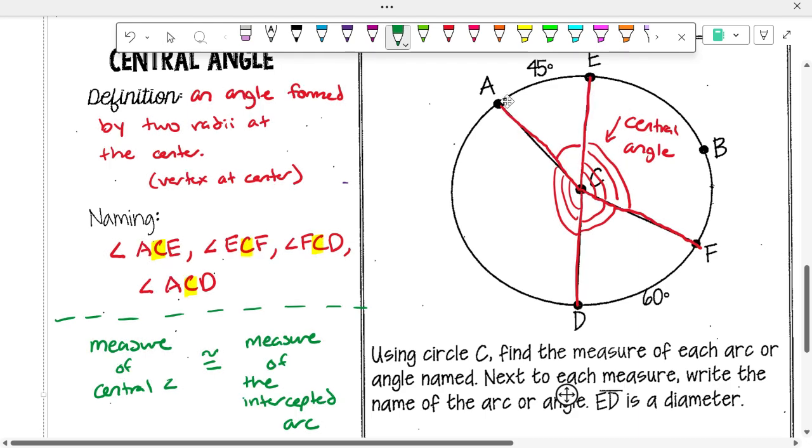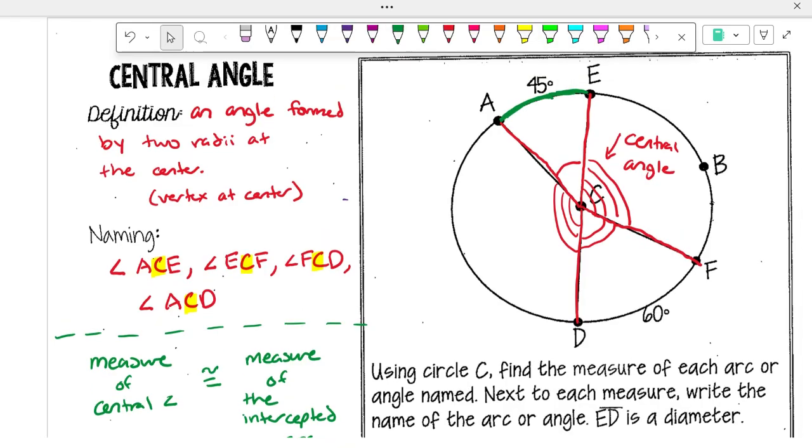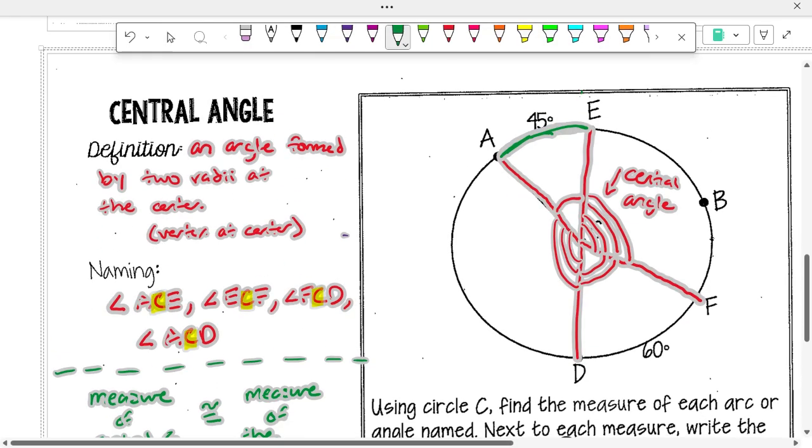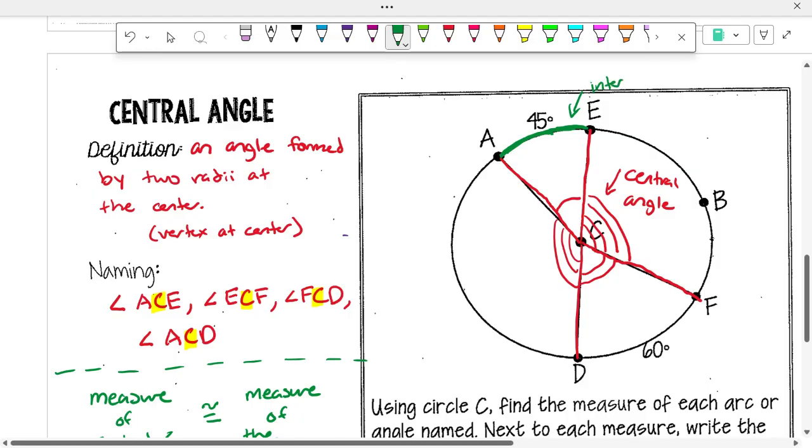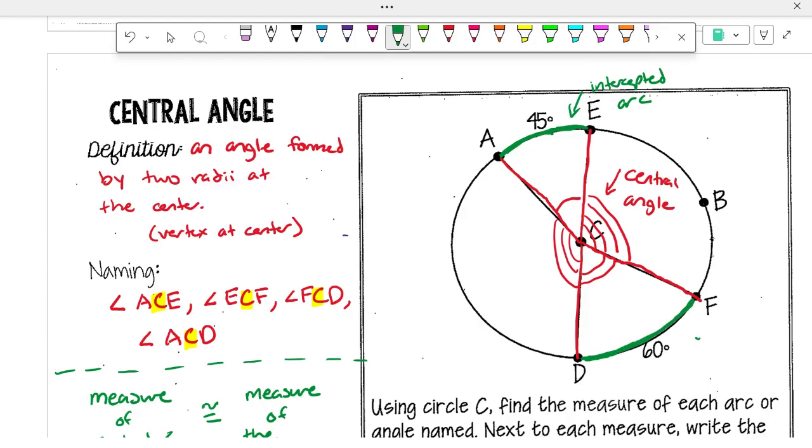The arc is the ice cream on top of the cone. So this arc right here would be your intercepted arc. Over here, the angle is FCD, so the intercepted arc is right here.